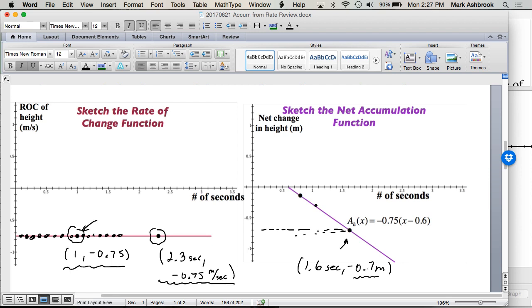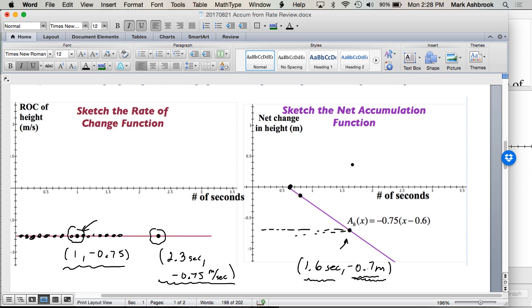So this is x, time since the flag started being lowered. But this number is the change in height since 0.6 seconds after the flag was being lowered. Does that make sense? That's why at 0.6 seconds, our net change is 0, because that's kind of our reference point.